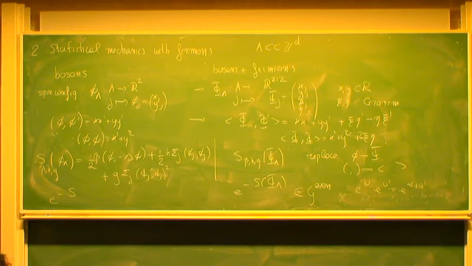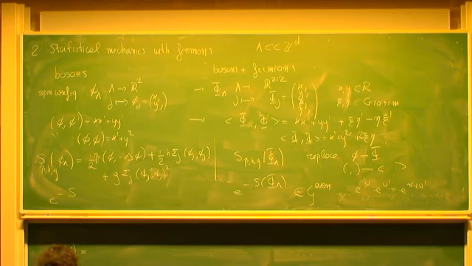Okay, so we are almost at the end of the construction. To construct now a probability measure on these, if I was in the bosonic world, I would take d mu of phi to be d phi lambda, e to the minus S of phi lambda, divided by Z lambda, where Z lambda is the partition function.